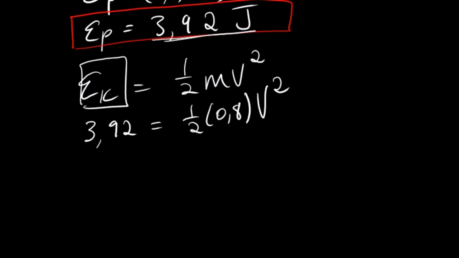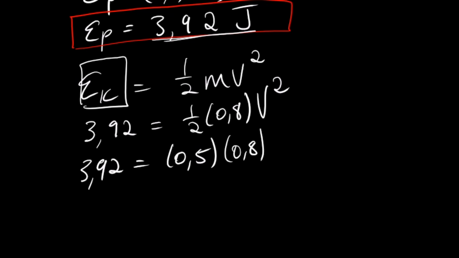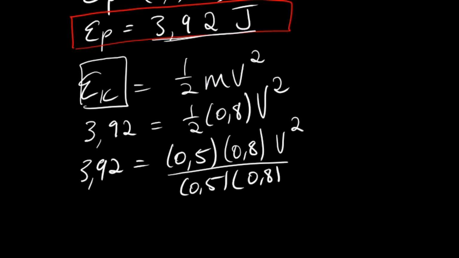So energy was transformed from one form to another, from potential energy to kinetic energy. Now, to make this simpler, I can simply write 0.5, 0.8 v squared. I divide both sides by 0.5, 0.8.